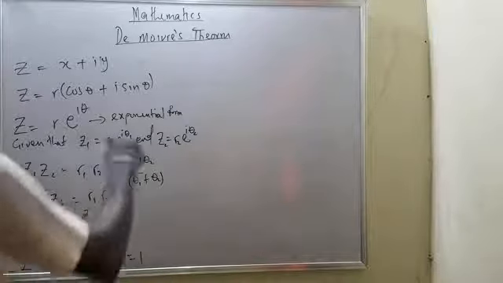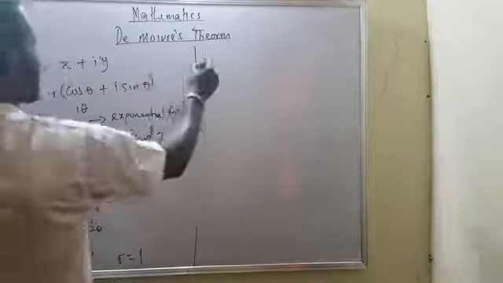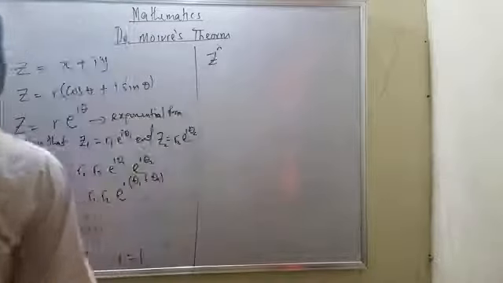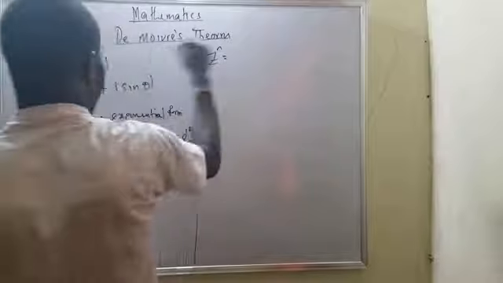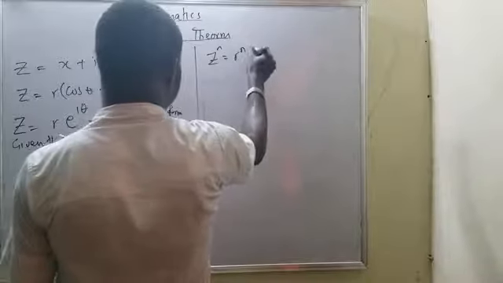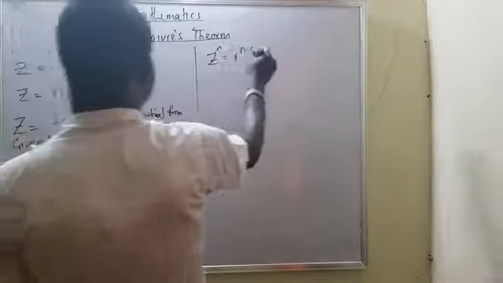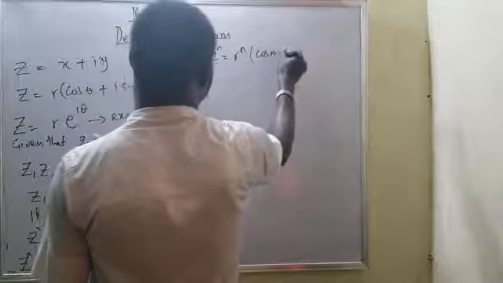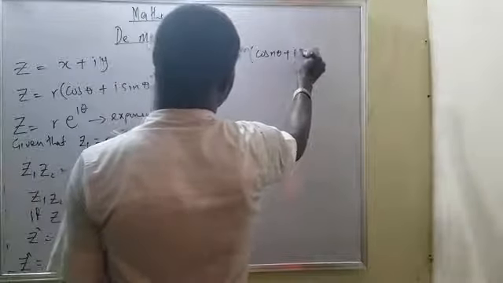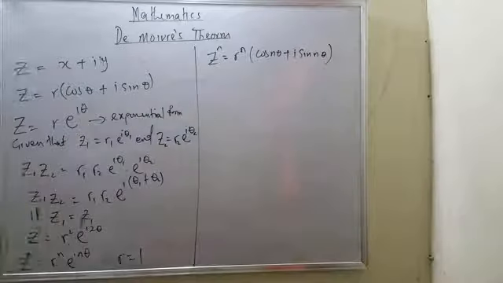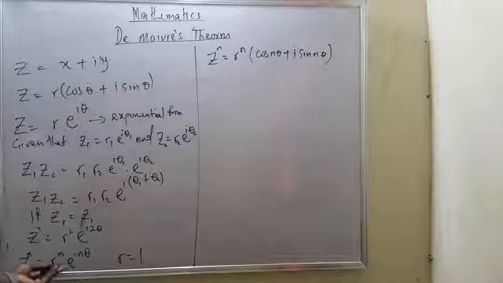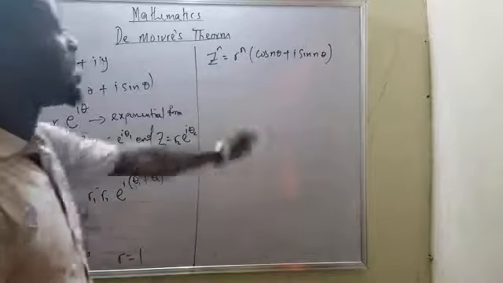Now I can write z to the n as equal to r to the n bracket of cos n theta plus i sin n theta. What am I having here? This is the exponential form, and this is the polar form.